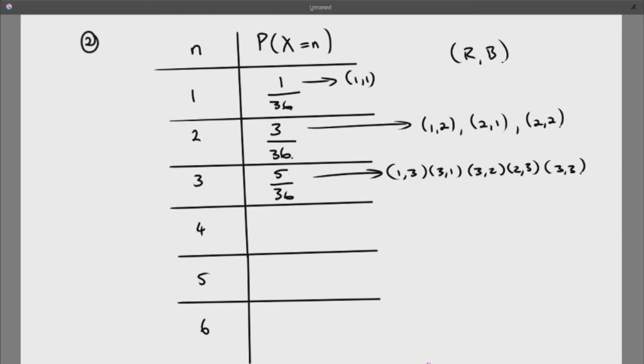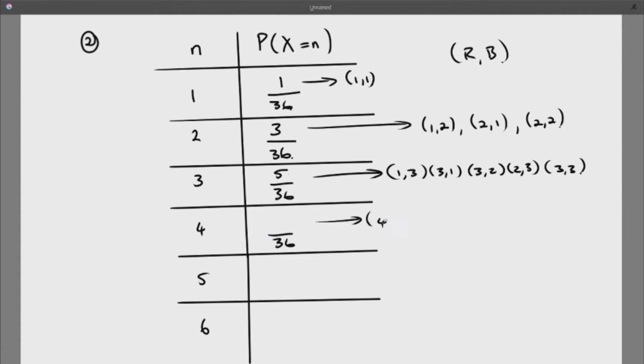Everyone happy with 5? And I just list them. We only have 36. It's not going to be that bad. And soon we'll notice a pattern if you don't already. Then I'm looking at the largest number being 4. How can that happen out of my possible 36 pairs?